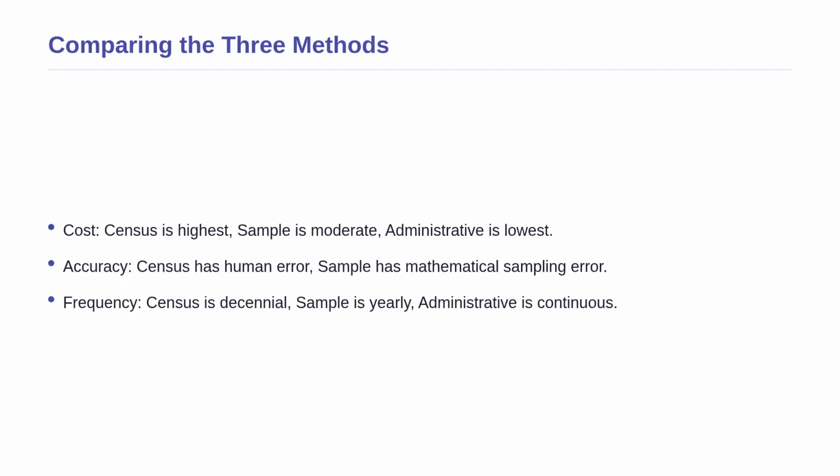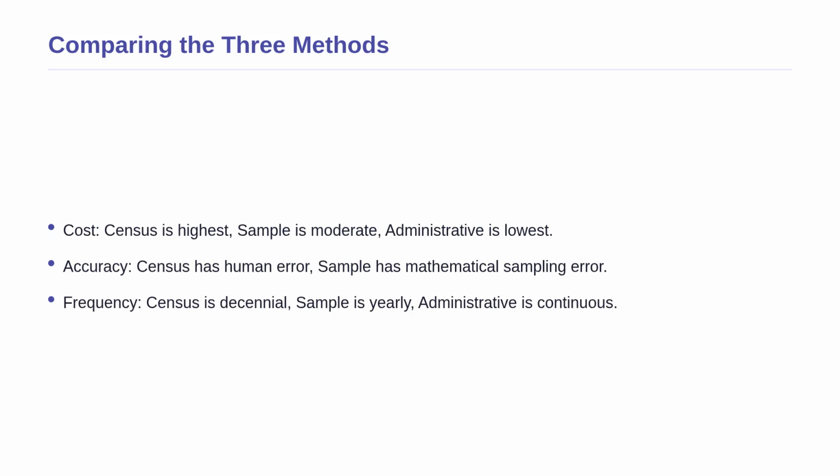Now that we have seen the three methods, let us compare them side by side. First, looking at cost, a census is the most expensive, while a sample survey is moderately priced, and administrative records are the cheapest. Second, regarding accuracy, a census is highly accurate for small areas, but suffers from human errors due to tired workers.